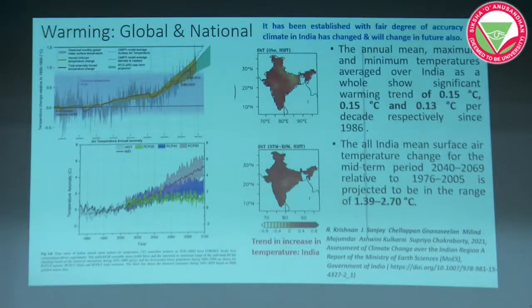And these are the Indian figures, actually up to 2015, which I have taken from Krishnan Sahab's study, from 1886 to 1986, 0.15, 0.13 temperature rise. But in 2040 to 2069, we are expecting 1.39 to 2.7 degrees. That means the momentum of the temperature increase will keep on.